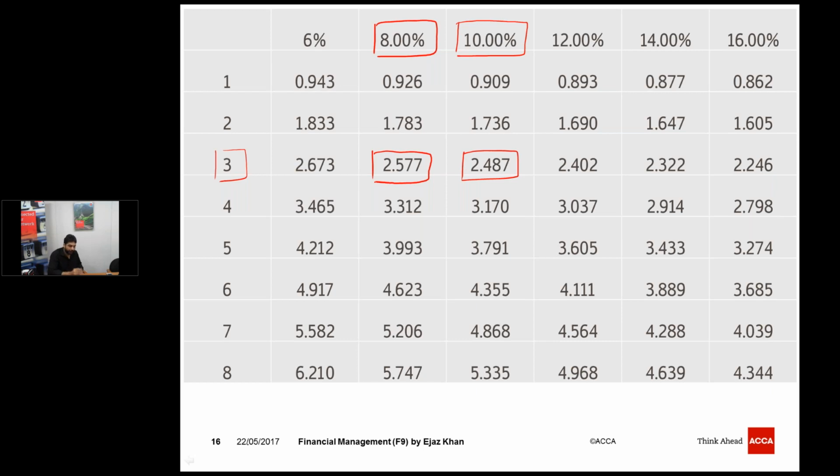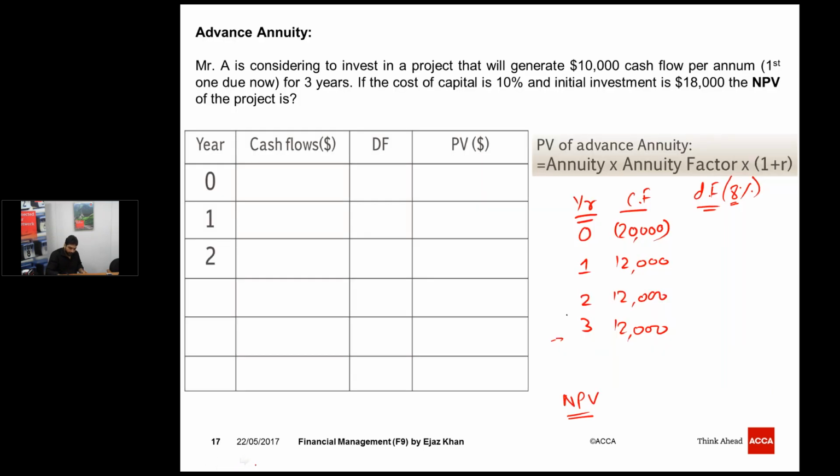So we'll use this annuity factor for the question because our discount rate is 8% and the project life is 3 years. All we have to do is pick the annuity, that is $12,000, and multiply it with the annuity factor that we just picked, which is 2.577.